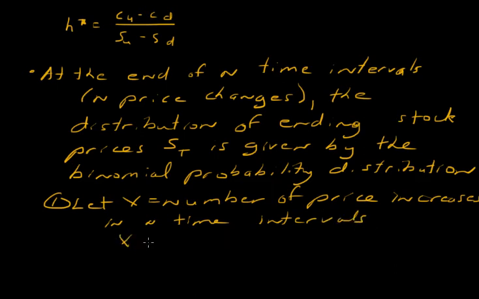So x is an element of our counting numbers, essentially. And we'll let pi equal the probability of u.